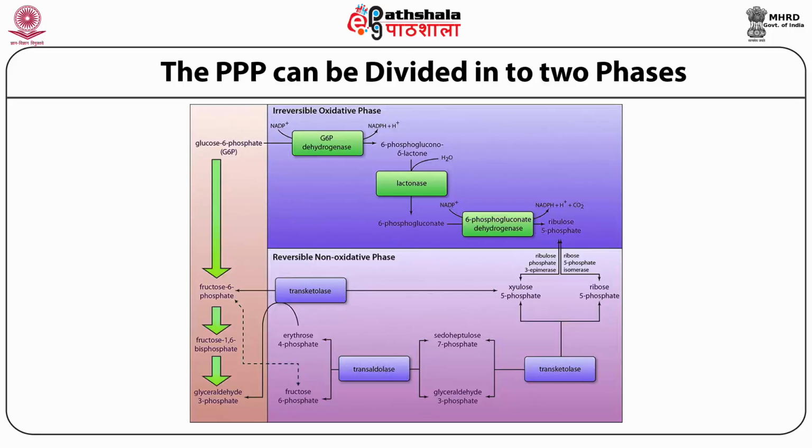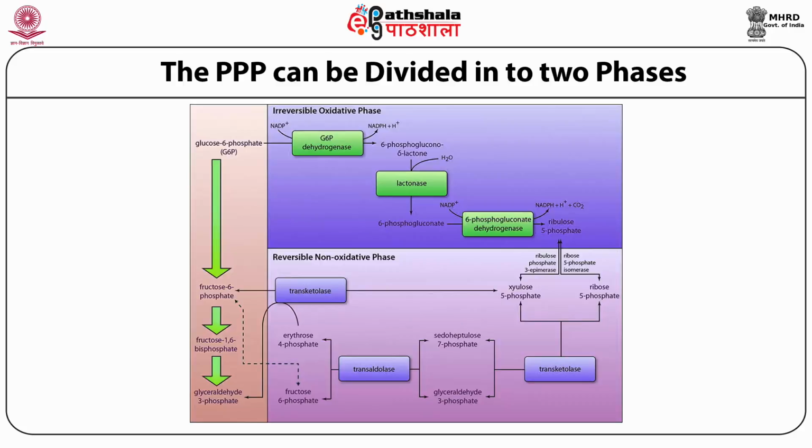During the first step, glucose 6-phosphate is oxidized into ribulose 5-phosphate and carbon dioxide. During oxidation of glucose 6-phosphate, NADP plus is reduced into NADPH. During the second step of the pathway, ribulose 5-phosphate is converted into other pentose 5-phosphates, including ribose 5-phosphate, used to synthesize nucleic acids.